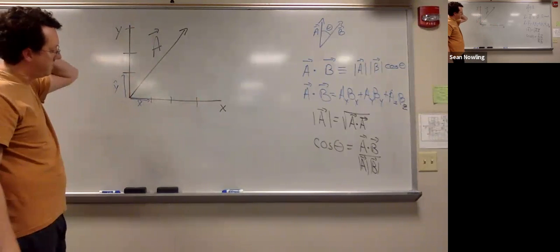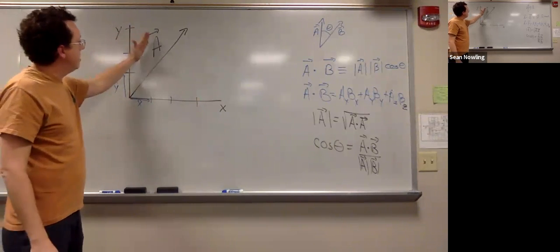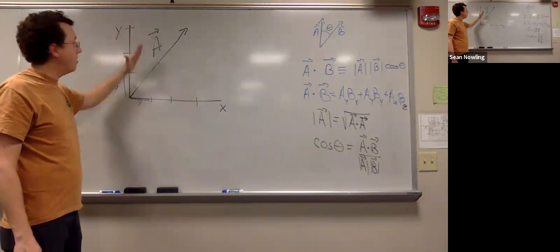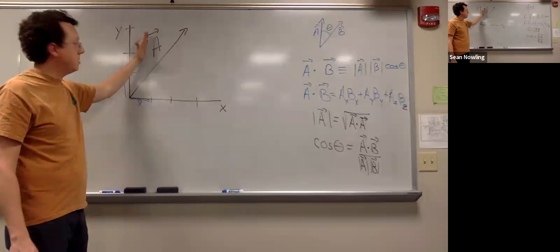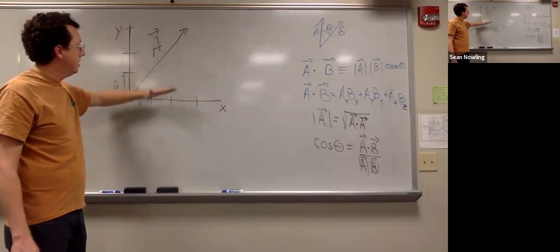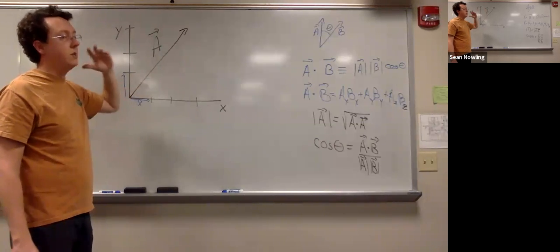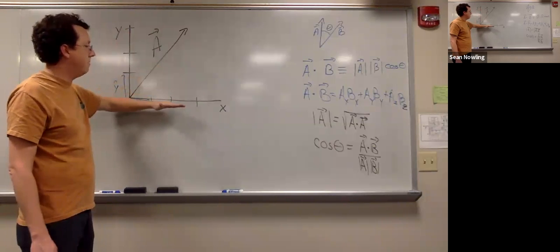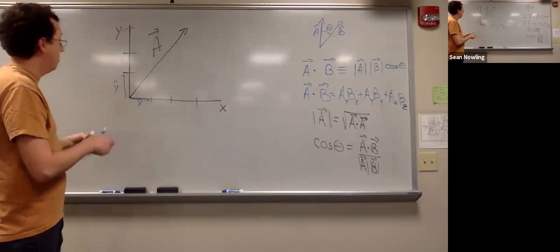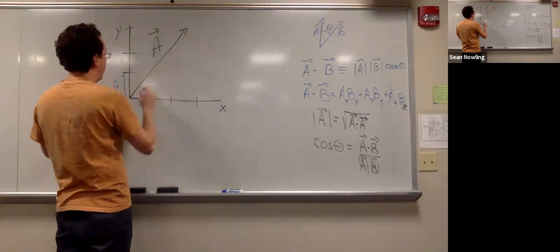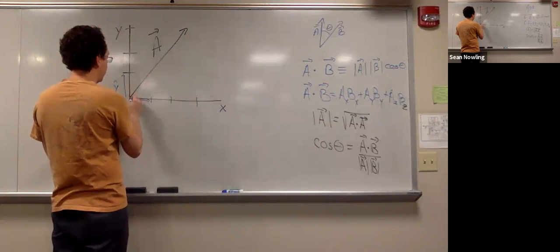Look what happens. The dot product between A and x hat. Remember, the dot product with a unit vector gives a shadow of one vector in the direction of the other. So what is the shadow of A in the direction x?